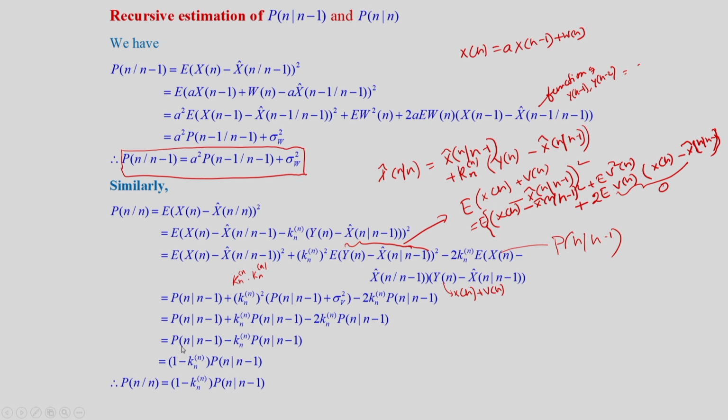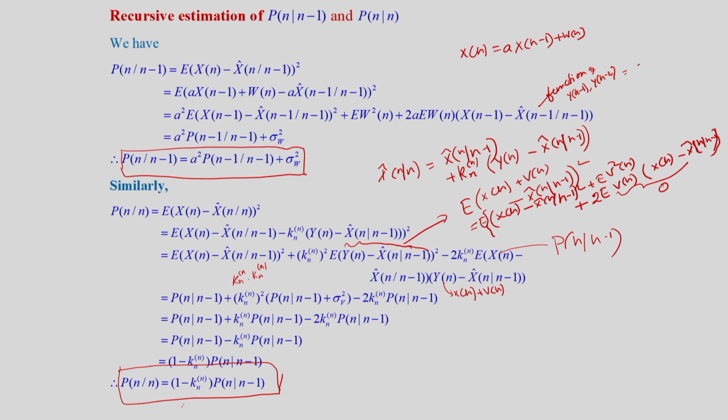Therefore, this will be P of n given n minus 1 minus k n into P of n given n minus 1, and this we can write like this: 1 minus k n into P of n given n minus 1. Therefore, mean square estimation error can be expressed in terms of mean square prediction error by this relationship. That is, mean square estimation error is equal to 1 minus Kalman gain into mean square prediction error.